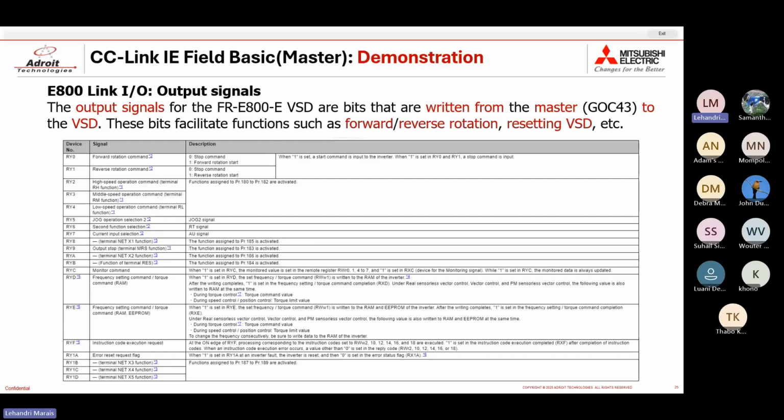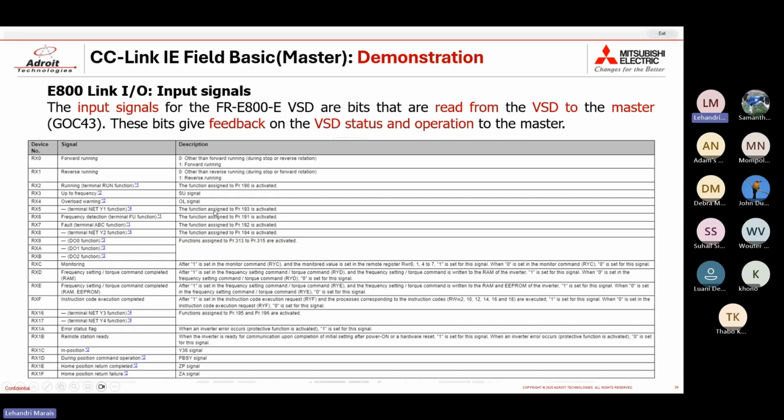So your RY is your output bits. So this is commands and so on that you are sending from your master station to your VSD. And this includes your forward rotation command, your reverse rotation command, your high, low, and middle speed commands, and so on. This is also what we will be using to control our VSD.